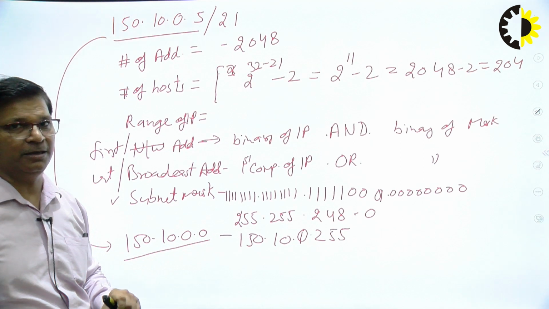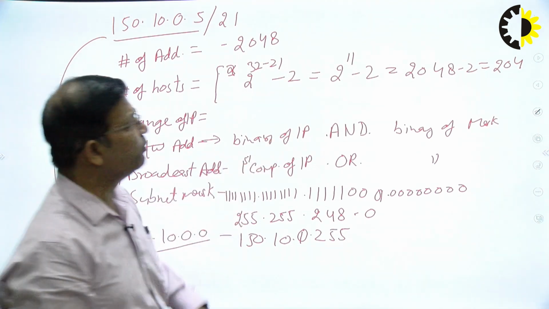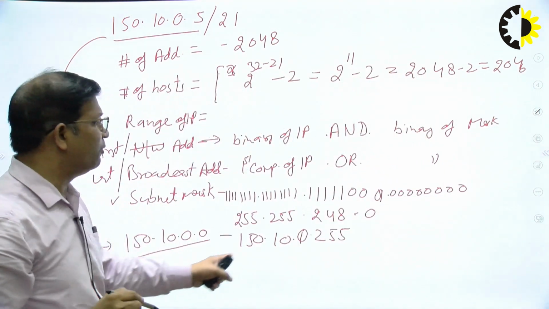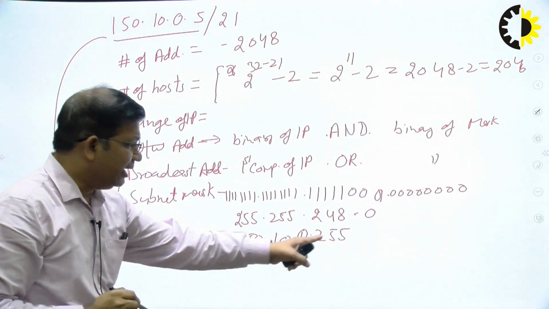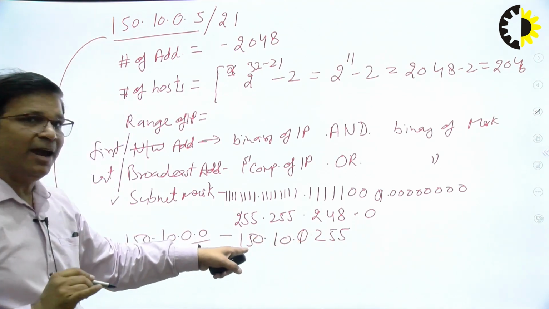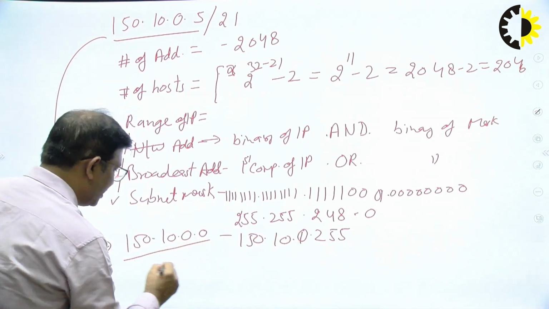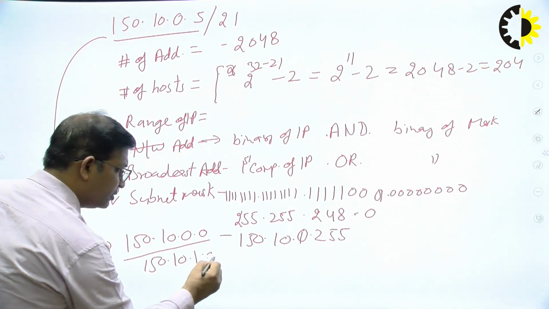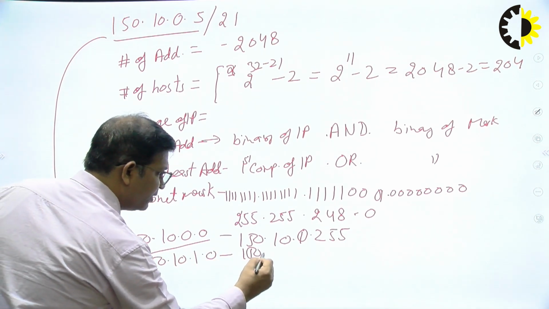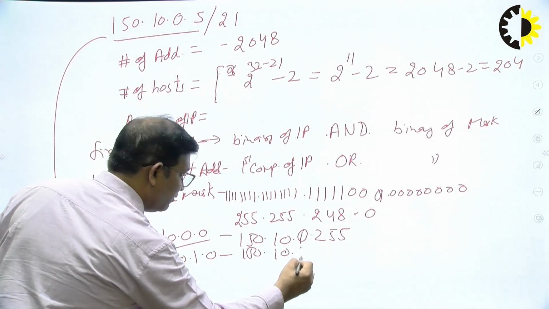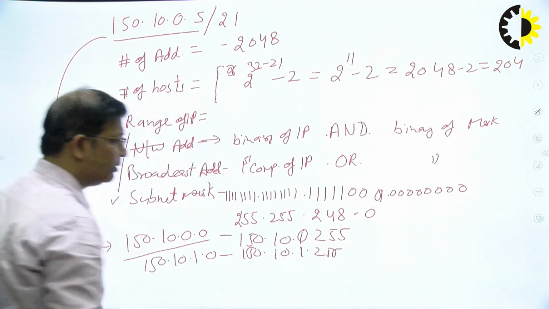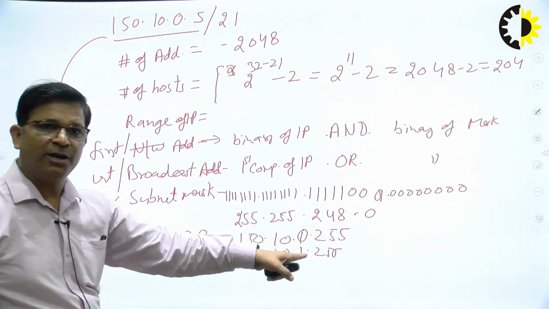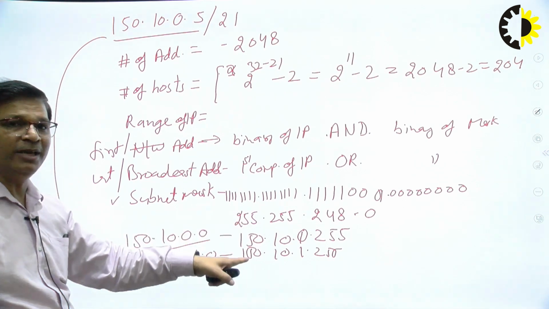256 addresses are there. So to make it 2048 addresses, what will be the range? If in this range we can add 256 addresses in another range, 150.10.1.0 to 150.10.1.255, so we can keep 256 and 256, 512 addresses in these two ranges.